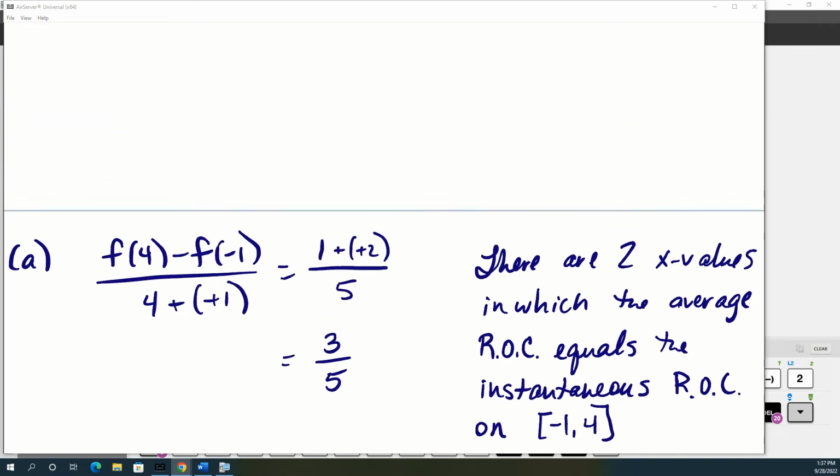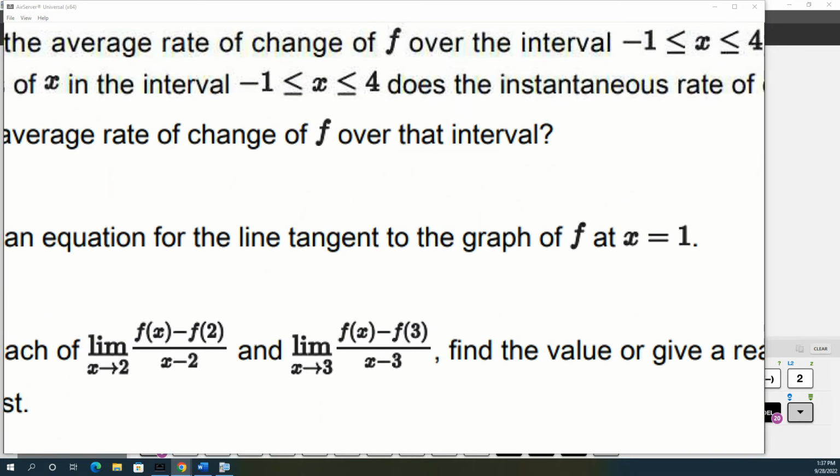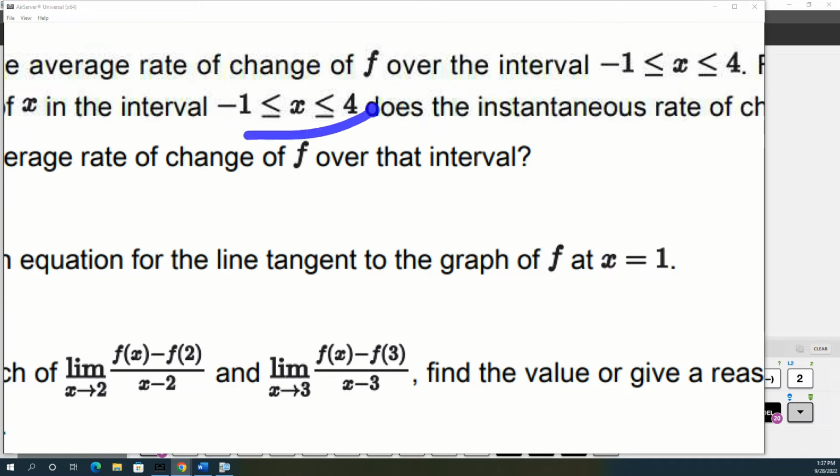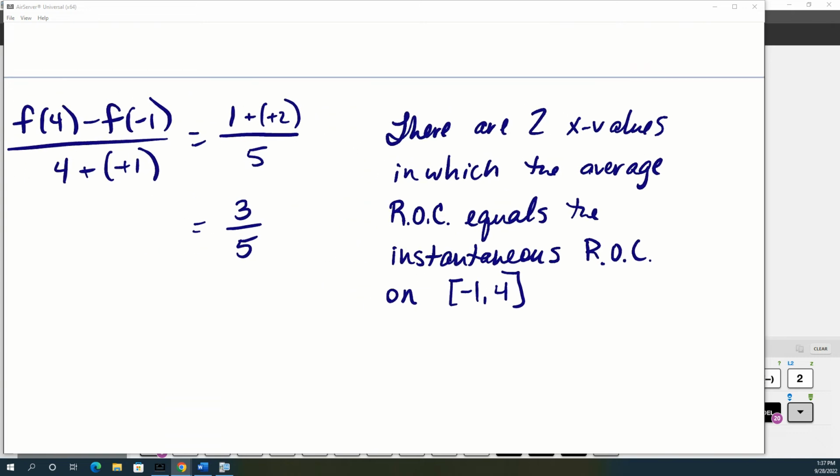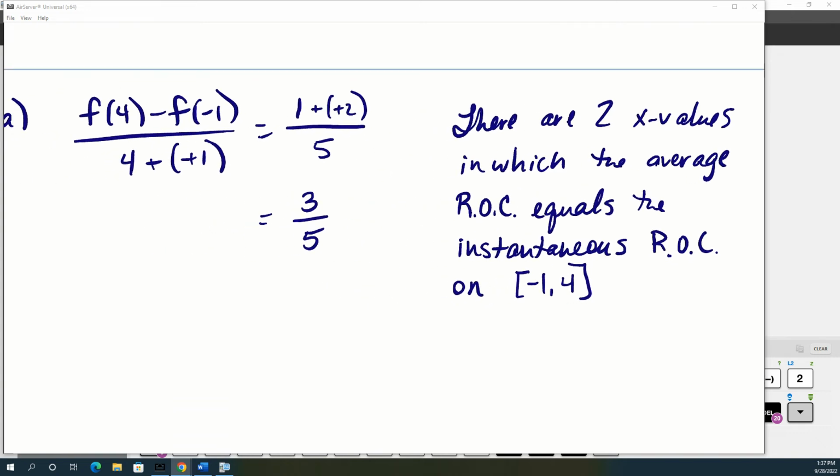And of course you could use this, or you could use the notation that they use also. It doesn't matter. Both of them are fine. It's just a little quicker to do interval notation.